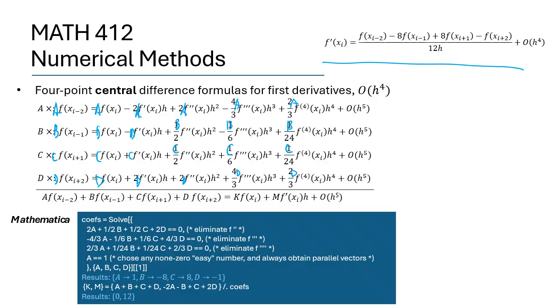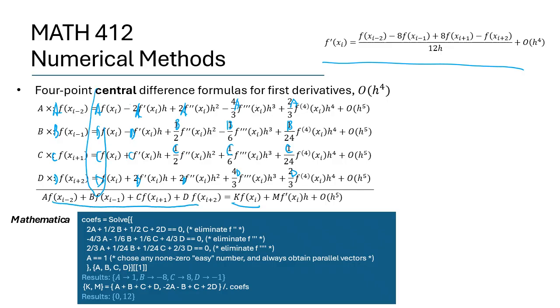Okay, now we add all this. A, B, C, D are constants to be determined by computers. You add the left-hand sides and the right-hand sides separately, respectively. Now we will have this left-hand side and this right-hand side.